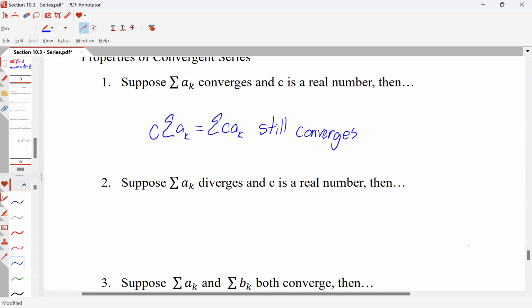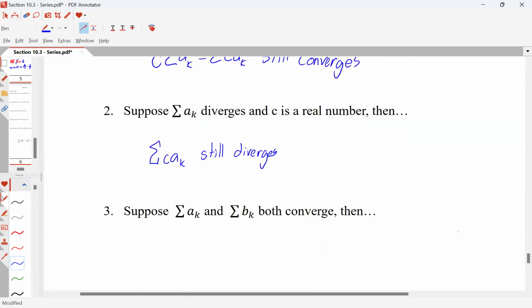If I have a series that diverges and I multiply by C, that still diverges. I can multiply it on the inside as well. So I can't multiply by a real number and make things suddenly nice. That real number will either keep it converging or diverging.